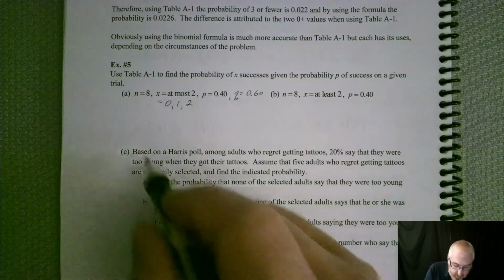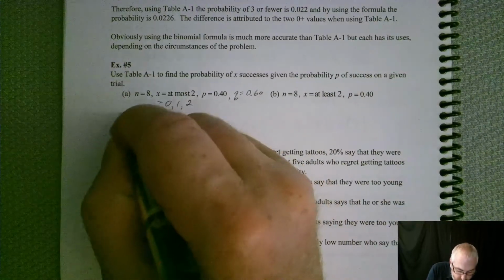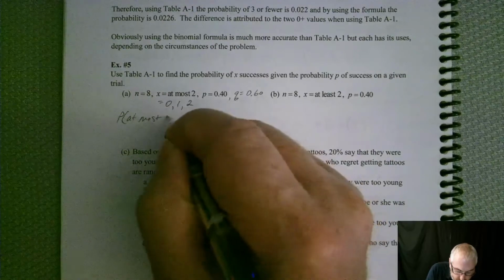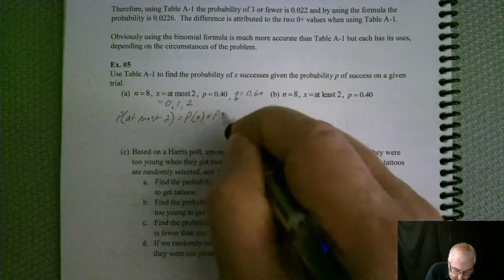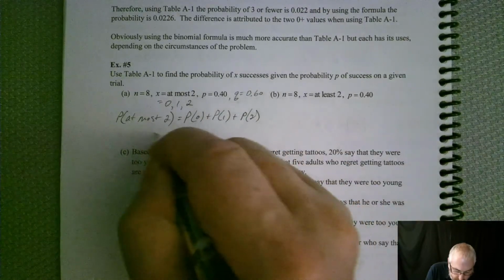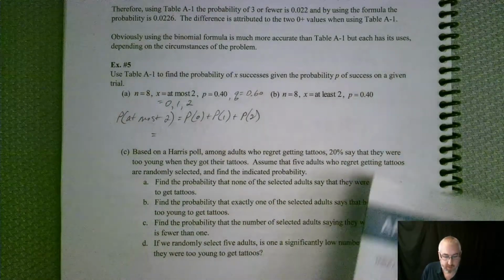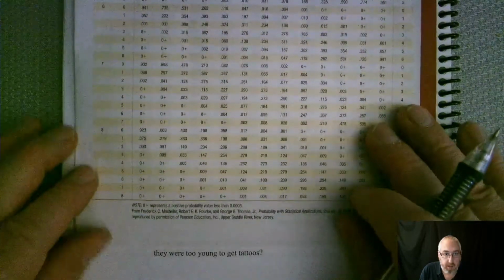So if we are looking at those individual probabilities, at most 2, we want the probability of 0, probability of 1, and the probability of 2. So if we use our table, we can find those values. So we have our table, and then we can go down to n equals 8.